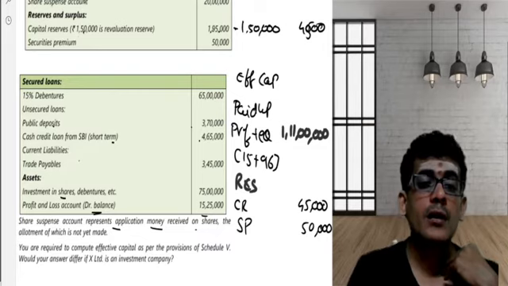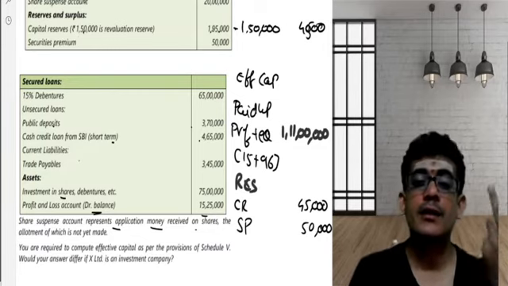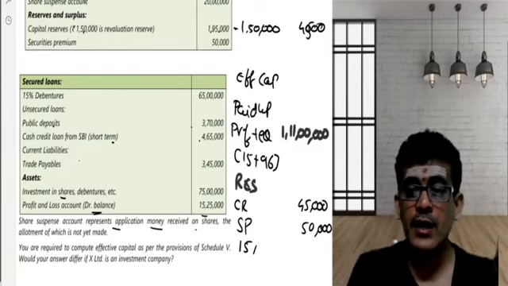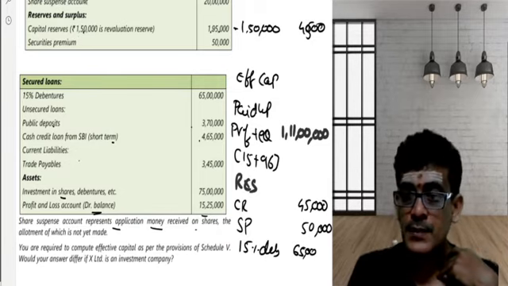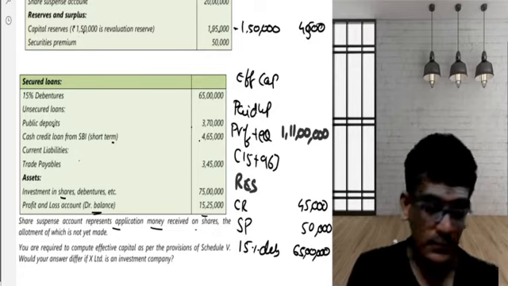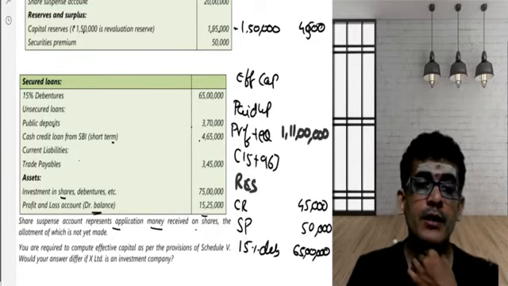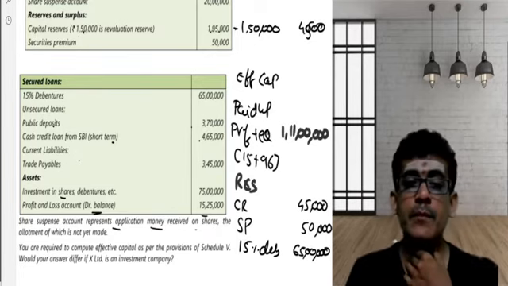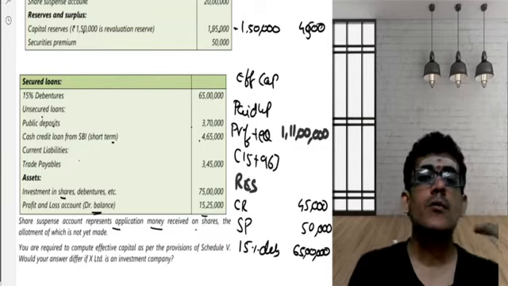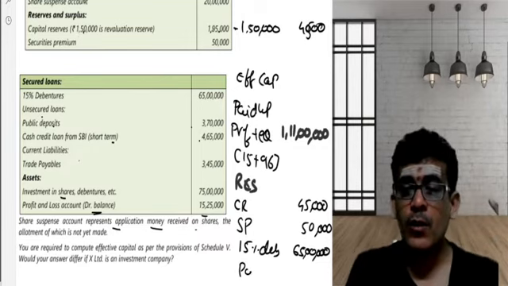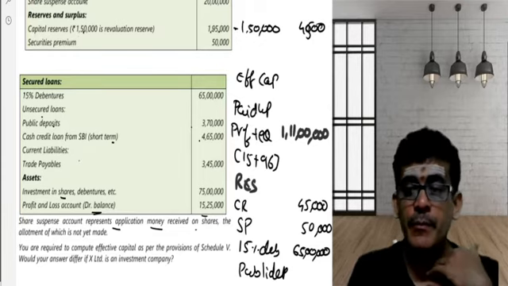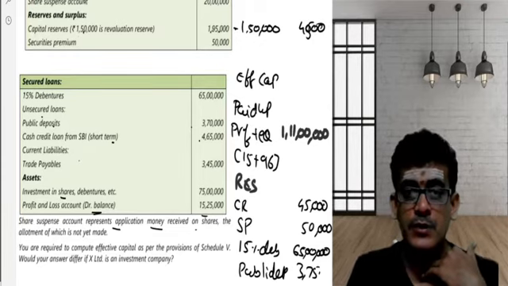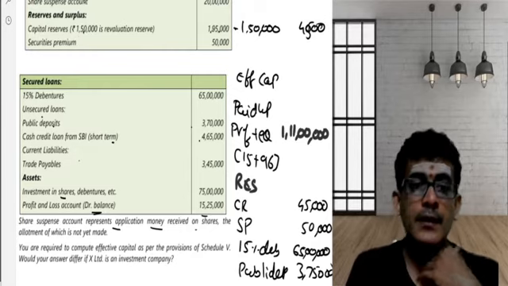Then what we have discussed: long term liabilities, more than 1 year. Long term liabilities are your 15% debentures, 65 lakhs, which will be considered. Then public deposit. Even this public deposit is unsecured, more than 1 year, so I will also consider it. The amount of public deposit is 3,75,000.